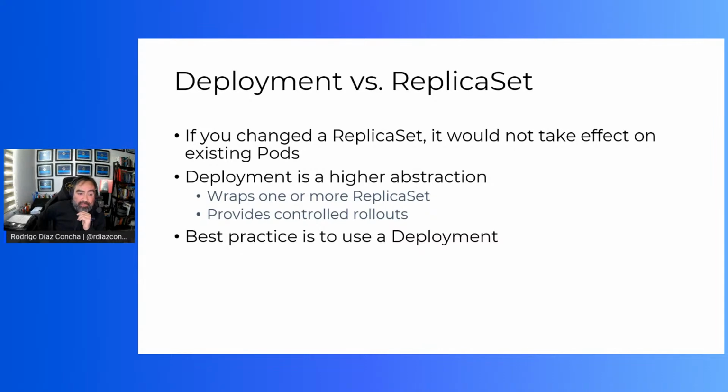The thing is that if you change a ReplicaSet, it wouldn't take effect on existing pods. So for instance, if you want to change the resource limits, or even the image name, if you change the image name and some specific properties about the ReplicaSet, such as the spec element, the ReplicaSet will not do anything special.